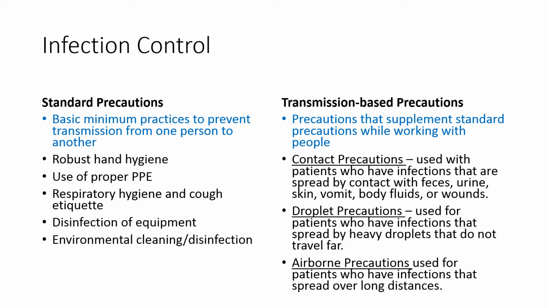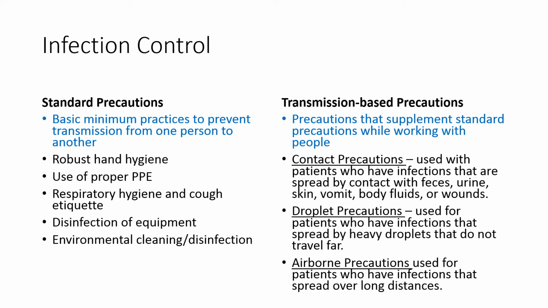Universal precautions are designed to protect the healthcare personnel, facility staff, patients or residents, and visitors to a healthcare environment from infection. These precautions are divided into two groups. You have the standard precautions and the transmission-based precautions.